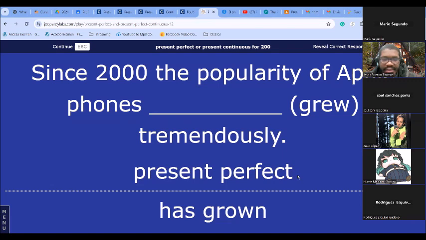And since they told us to go present perfect simple, has grown. The popularity has grown. Repeat. Since 2000, the popularity of Apple phones has grown tremendously. Good. All right. And tremendous means a lot, a lot, a lot, a lot.